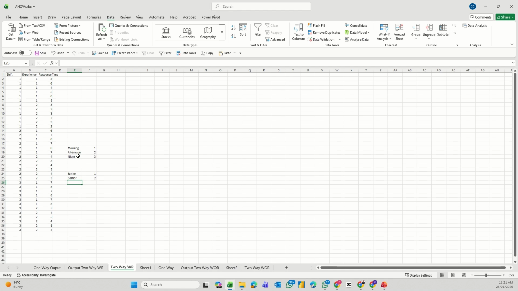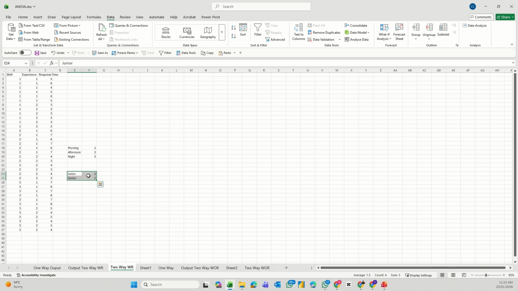So with replication, note, I changed certain values. This is for shift. This is for experience. When this data came, what I had for shift was morning, afternoon, night. But I transformed it from morning to 1, from afternoon to 2, from night to 3.